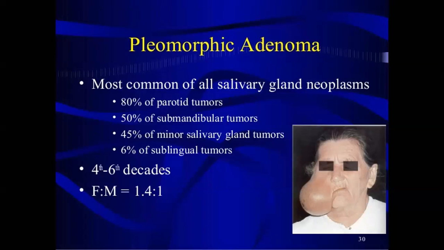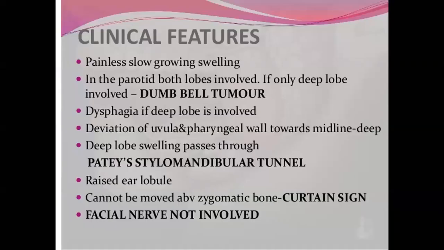Commonly they occur in the 4th to 6th decades. The female to male ratio is 1.4 to 1.